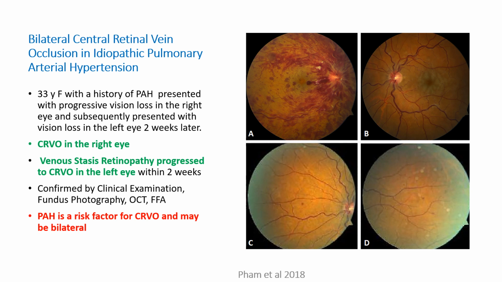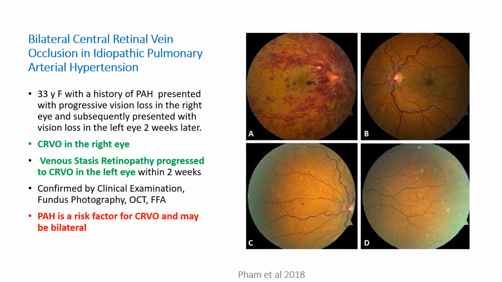Another interesting case was published with a bilateral central retinal vein occlusion in idiopathic pulmonary arterial hypertension. This was a 33-year-old female with a history of PH who presented with progressive vision loss in the right eye and subsequent deterioration of the vision in the left eye that progressed 2 weeks later.